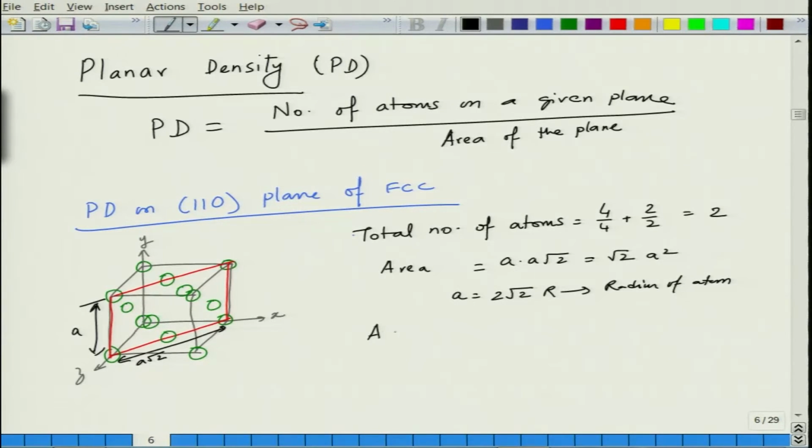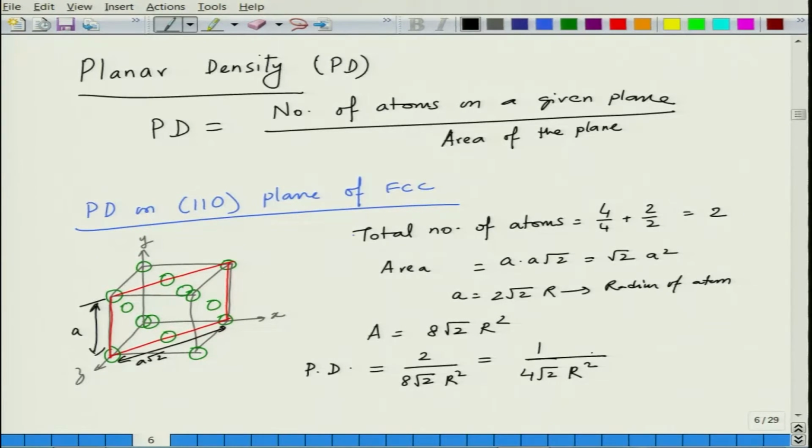This will work out to be 8 into root 2 r square. So, planar density can be 2 divided by 8 into square root 2 r square. This will be essentially 1 divided by 4 into root 2 r square.